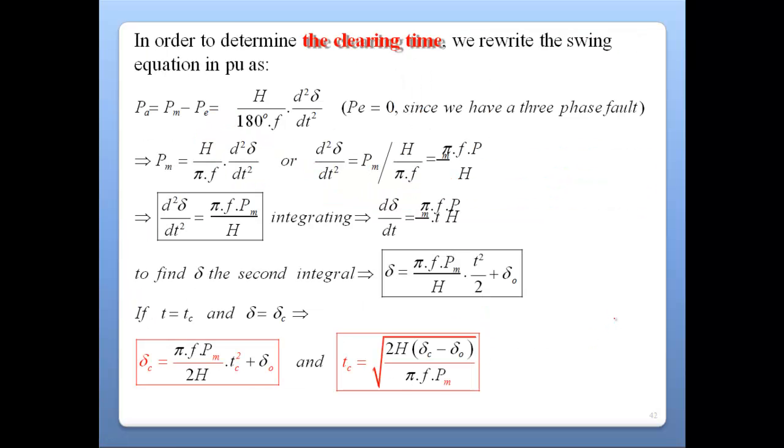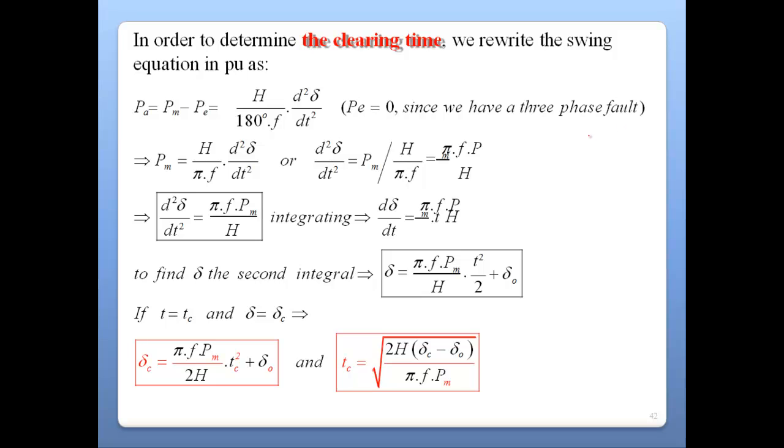In order to determine the critical clearing time, right, we must again apply a maxima-minima or differentiation property, right? How can it be determined? We already have a swing equation like this. Balancing this swing equation and integrating, we will get this, and if we integrate with respect to delta a second time, we will get delta like this.